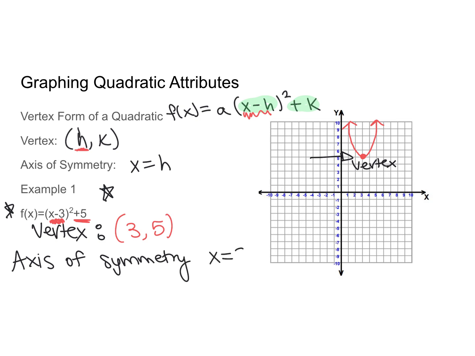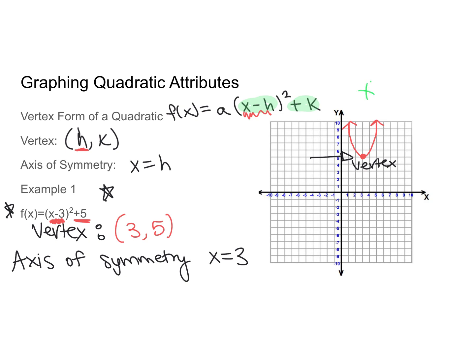is x equals 3. Now the reason why it's x equals is because the axis of symmetry is a vertical line that cuts the graph perfectly in half. So if you think about this vertical line on my graph, I can cut it perfectly in half at x equals 3. In fact, I'm going to show you what that looks like in green.